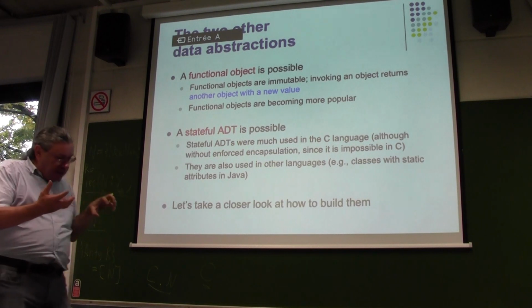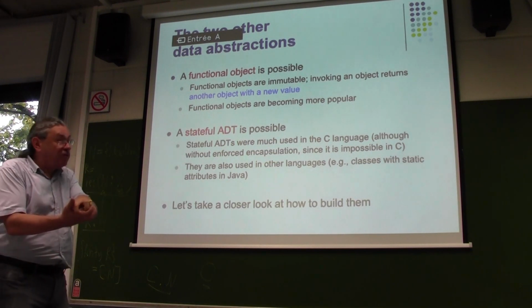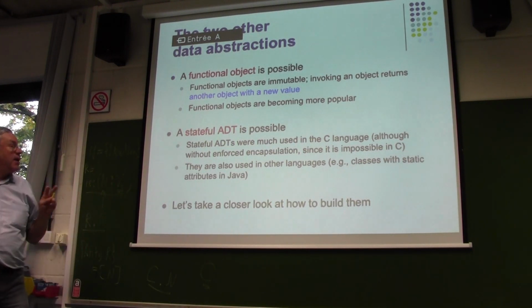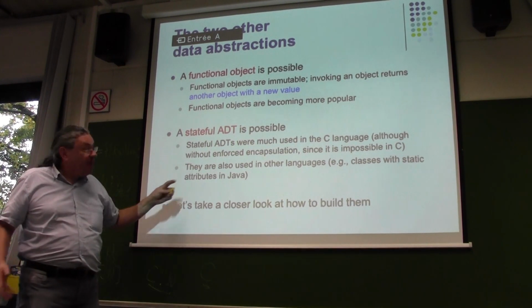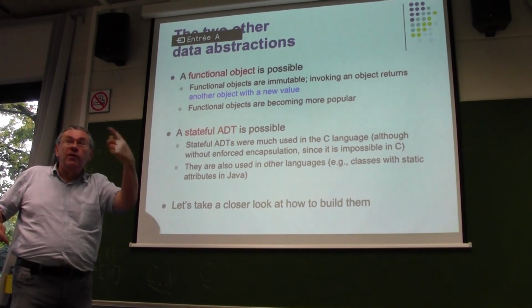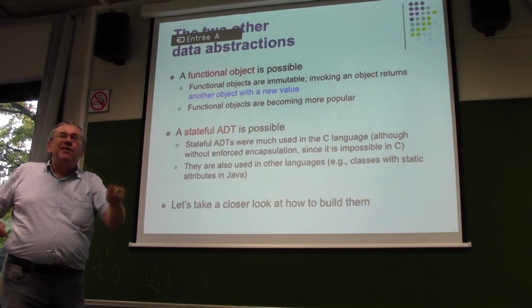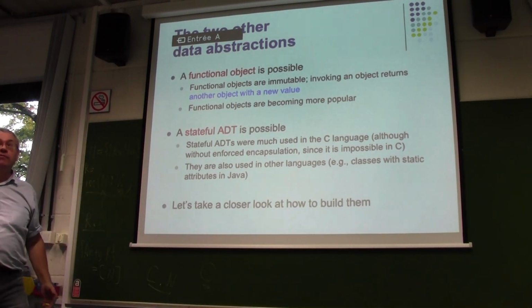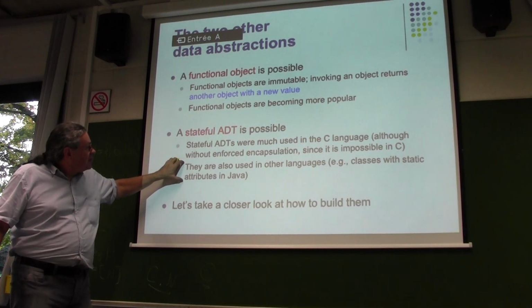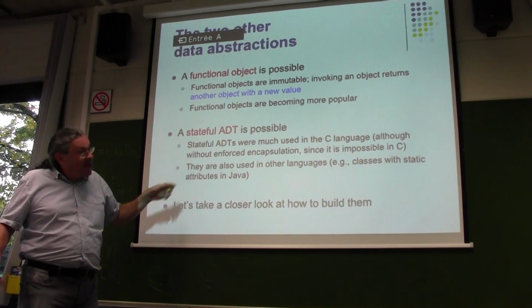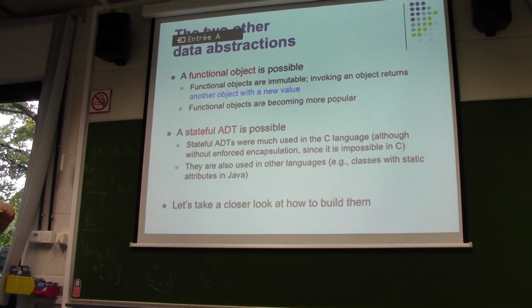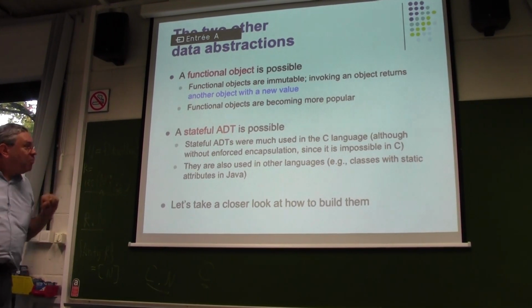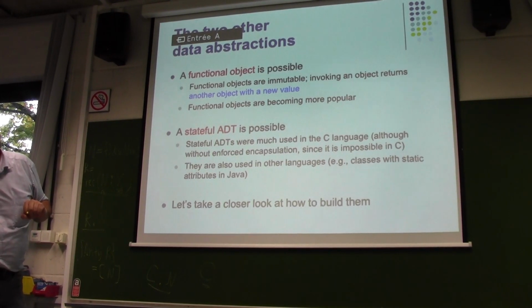And when you send that class to the new operation, it creates an object. So the class itself is an abstract data type. And if it has a static attribute, that means you can update the actual class value by updating the static attribute, if you understand Java. So you can see that it exists. Okay, this is an example of a stateful abstract data type, okay? But it's not so much used.